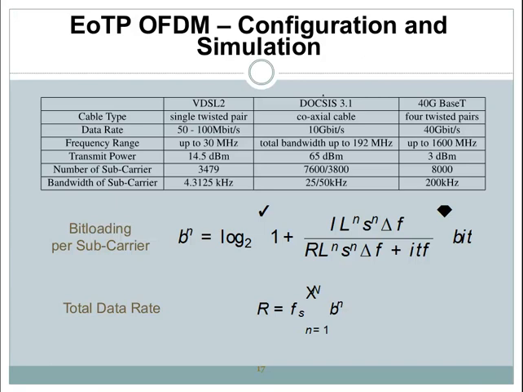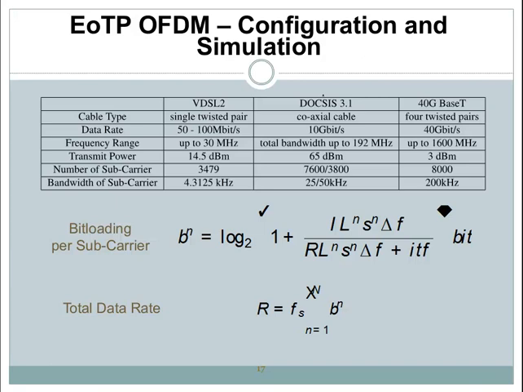And we calculate the bit loading of each subcarrier. The bit loading is how much information we can transmit in each symbol on the subcarrier. There's a small technical problem with the slides, but it's basically the same Shannon formula for all these communication systems.